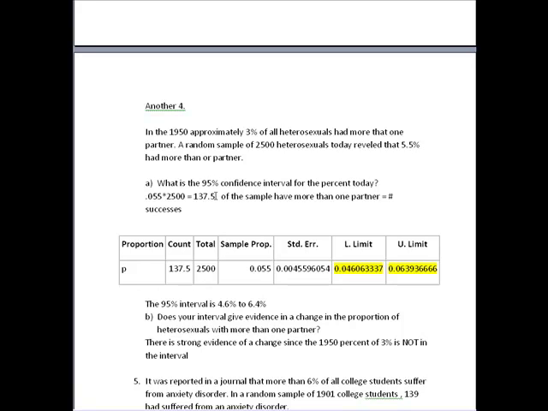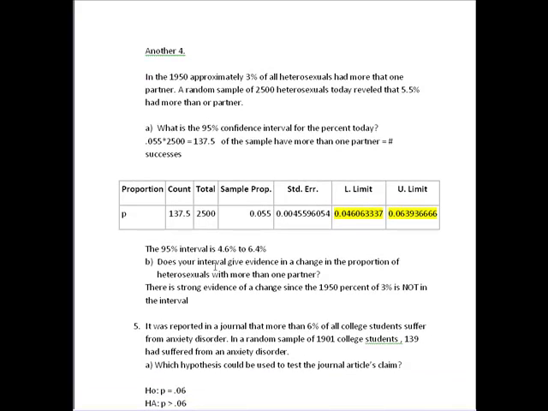So when StatCrunch asks us the number of successes, we tell it 137.5 out of 2,500. The 95% confidence interval goes from roughly 4.6% to 6.4% if we round to one decimal place.